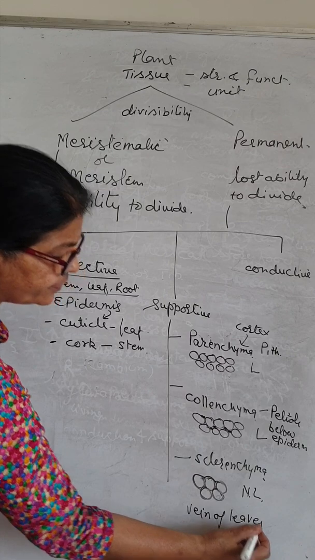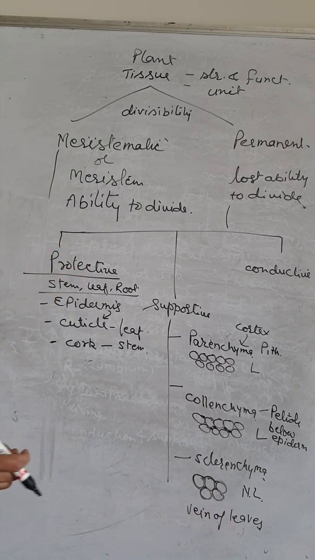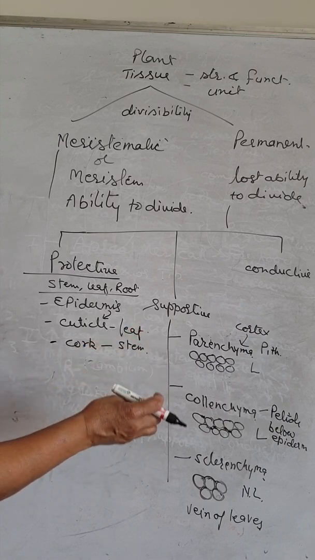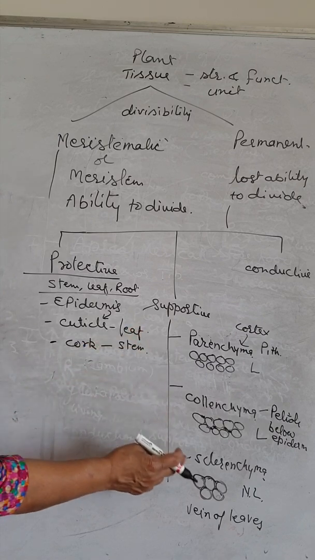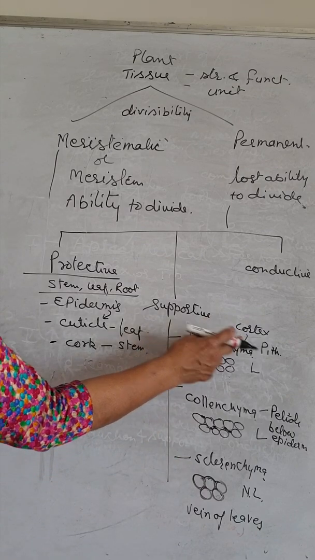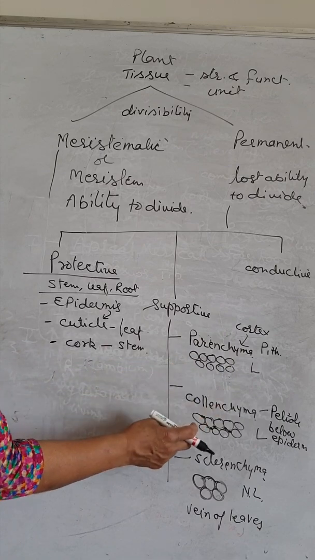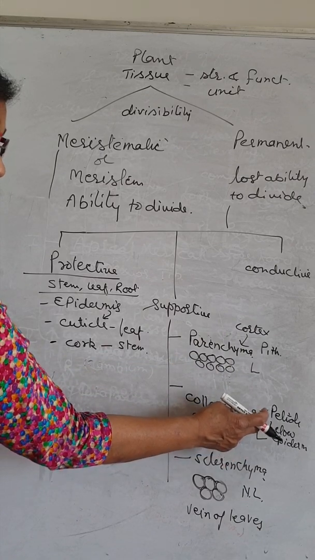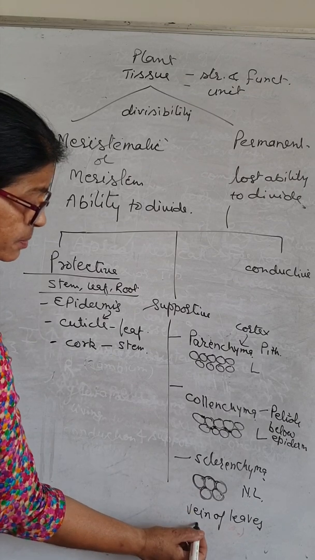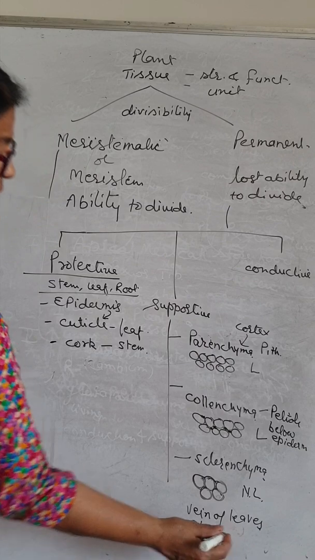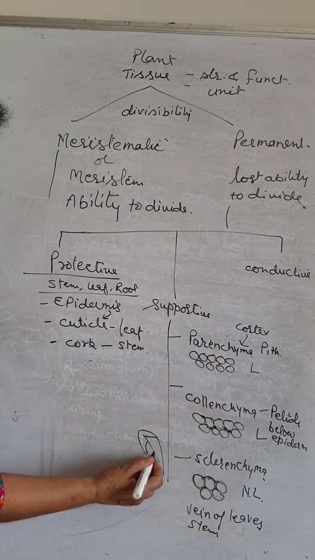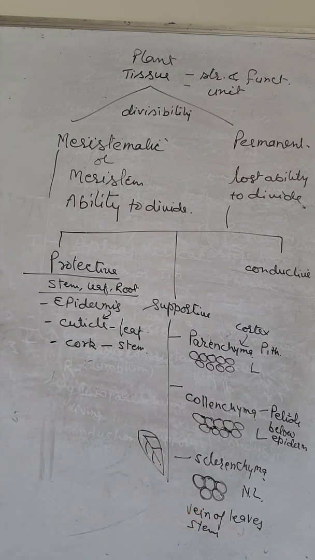The fibers that we get from the plant, jute and other fibers, and the gritty mass of pulp of the pear, are made up of sclerenchyma. Parenchyma is found in the cortex and pith and is thin walled. Collenchyma is found in the petiole of the leaf, the stalk of the leaf, below the epidermis. Sclerenchyma is found in the stem and leaves, and in the veins of the leaves.